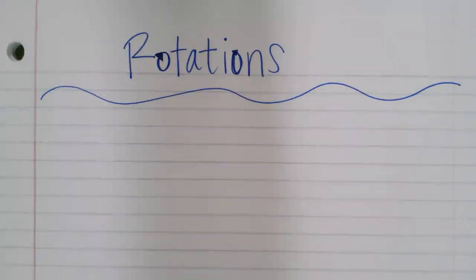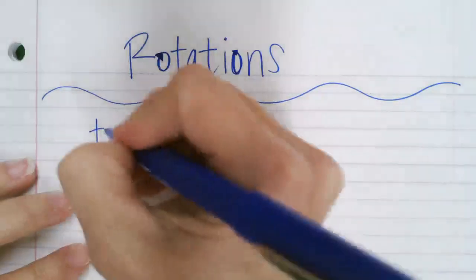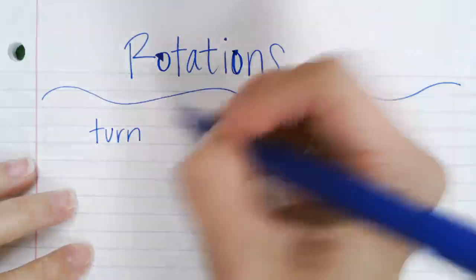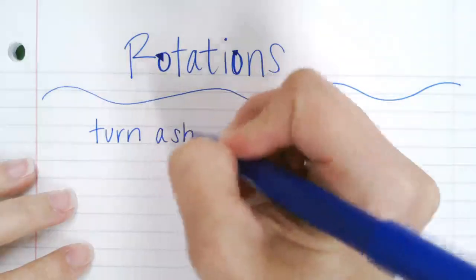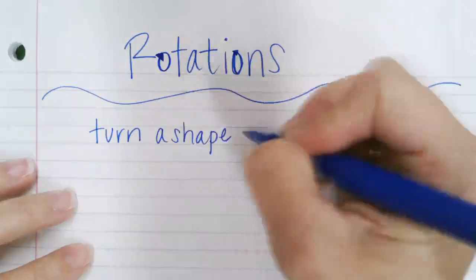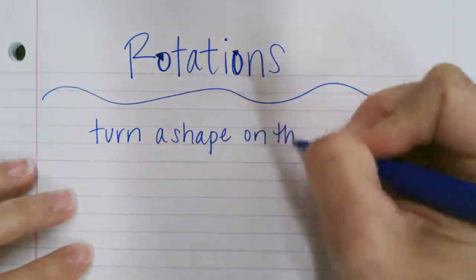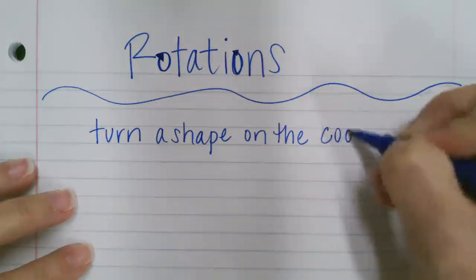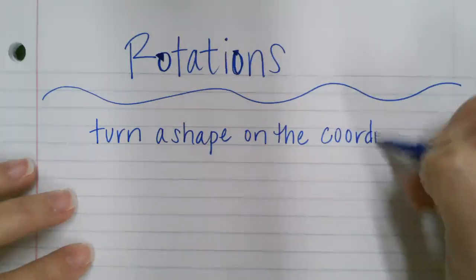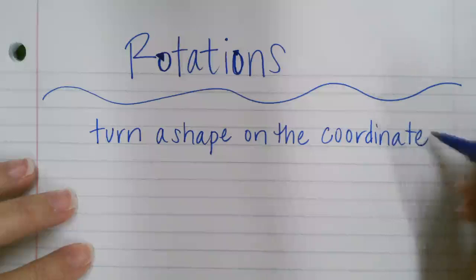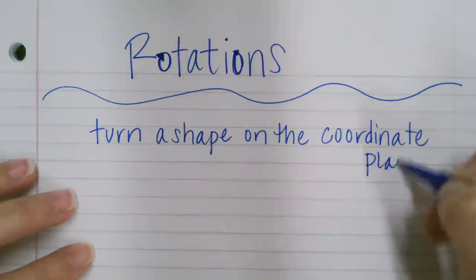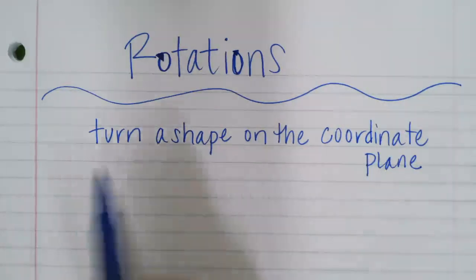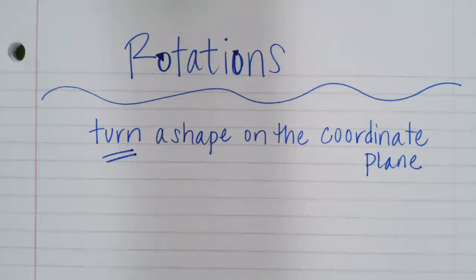So a rotation is when we spin or turn a shape on the coordinate plane. So we are going to turn a shape on the coordinate plane. So that's what happens when we rotate something.